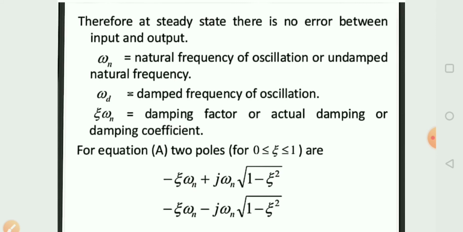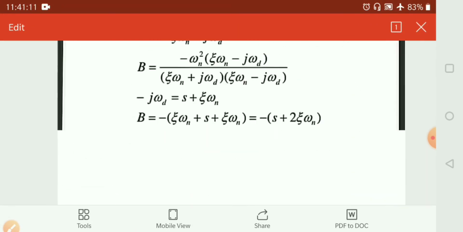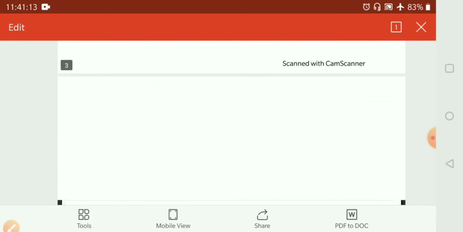Now if we want to calculate the number of poles in this equation, there are 2. Here we can see the equation A, at first we take the second order system.